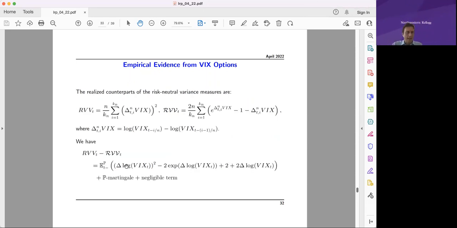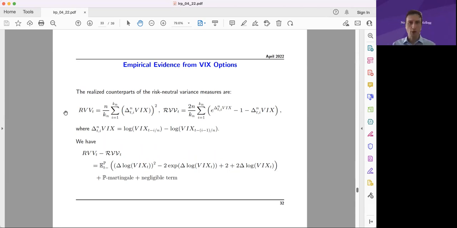Now, I can do the same thing as I did again with S&P 500 data, and look at the realized counterparts of this. And luckily, we have easily accessible these days high frequency VIX option data, so I don't need to do much. And I can calculate the realized vol of vol, based on this high frequency VIX data.